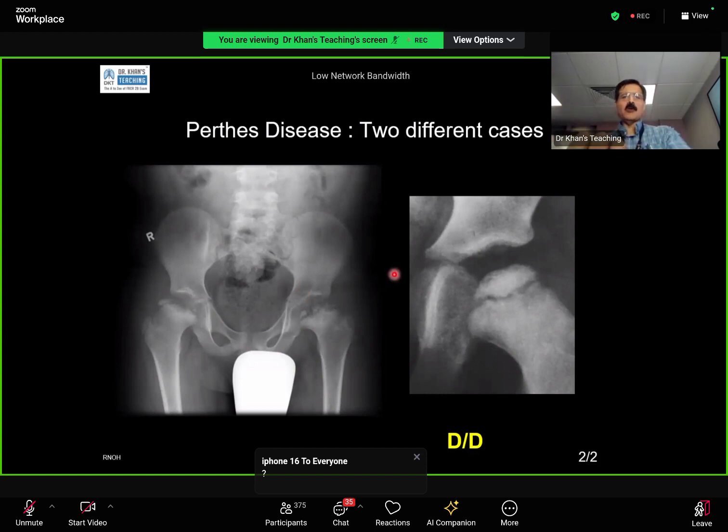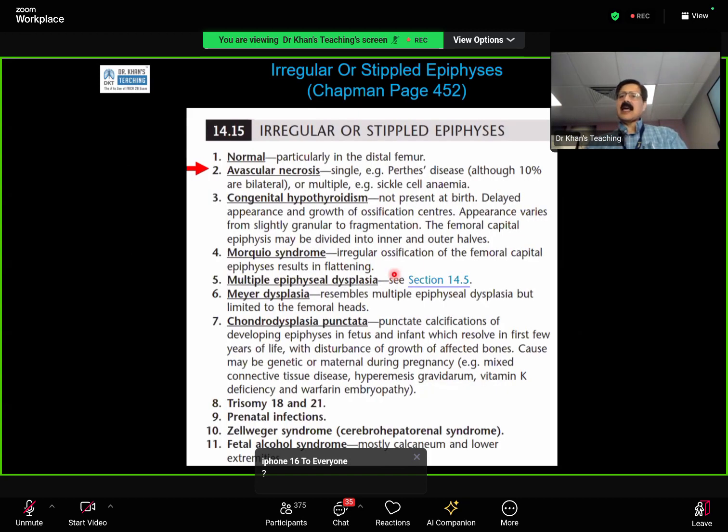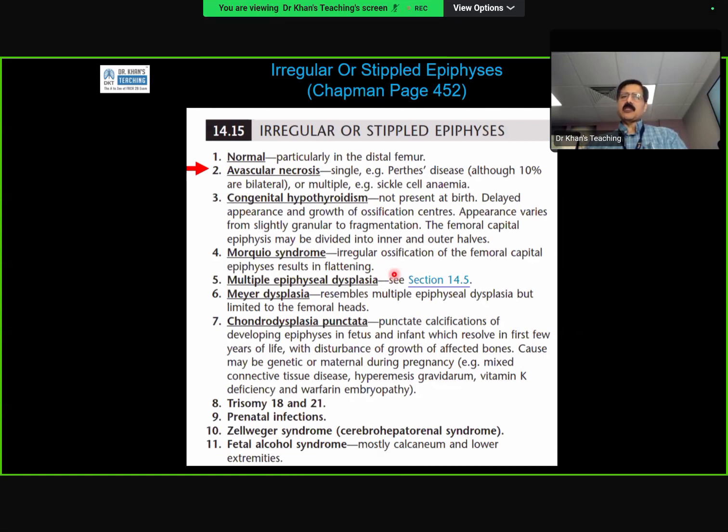Okay, I'll take over. This is another very important differential diagnosis for the exam, very, very important: irregular or stippled epiphysis. Avascular necrosis, bilateral, we have already covered; 10 to 15% can be bilateral. This is what I want you to remember: congenital hypothyroidism.